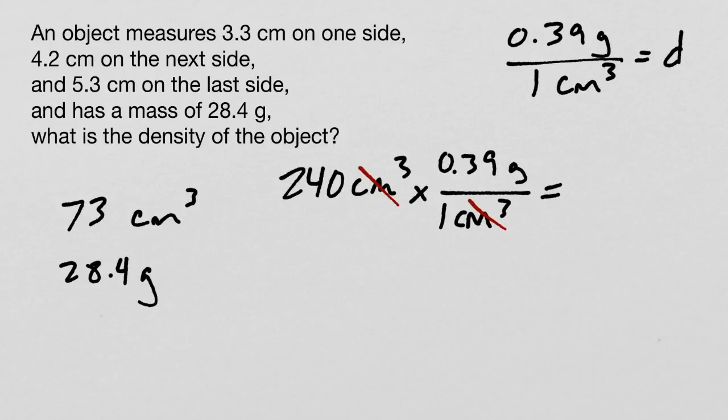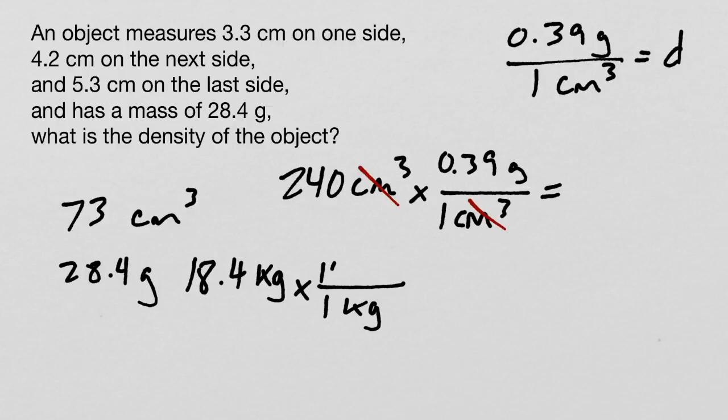But we could also think about what if we knew the mass in grams. Let's say we had 18.4 kilograms, and we wanted to know what the volume would be of that material. So we would convert into grams. We'd say 1 kilogram is 1,000 grams. Now we're in the right unit to use our density. In this case, we'll have to flip it over so that the right unit, grams, is on the bottom: 0.39 grams to 1 centimeter cubed.